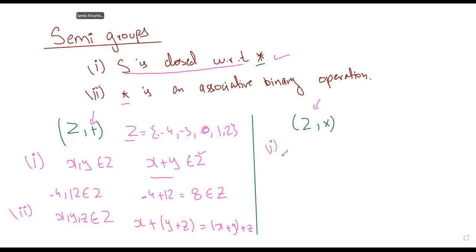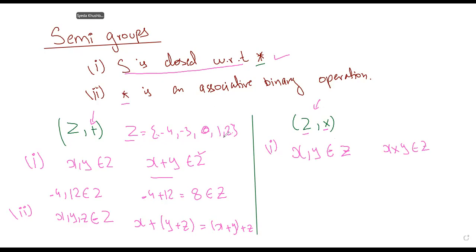Now, if we talk about the second one, we have the set of integers with the binary operation multiplication. If x and y belong to the set of integers, x multiplied by y should also belong to the set of integers. Let's check that out. Again, we have the same set.